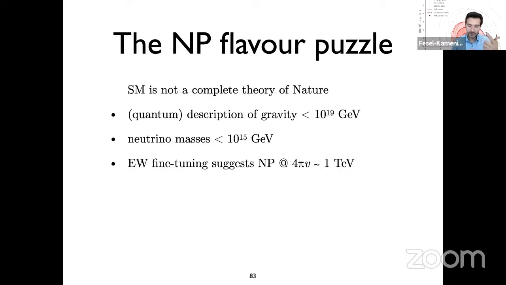Now we can also invert the whole argument and say, okay, the standard model is a renormalizable theory of relevant degrees of freedom at scales below or around the TeV. But we also know it's not a complete theory of nature because it does not involve a quantum description of gravity. It does not provide a unique description of neutrino masses.